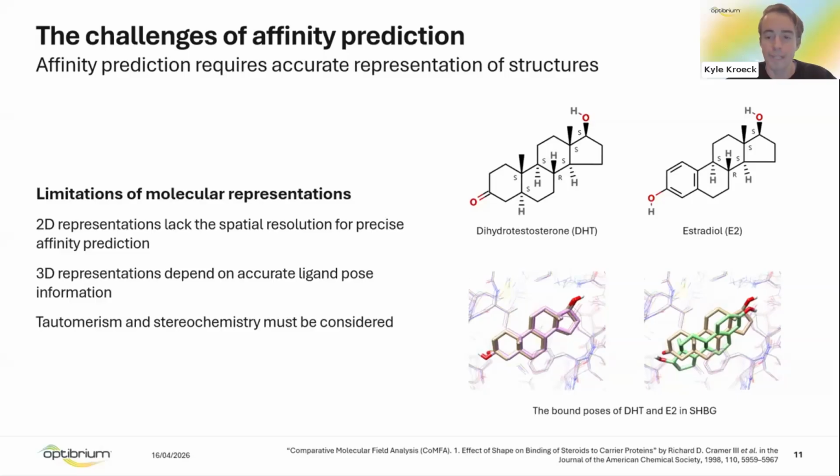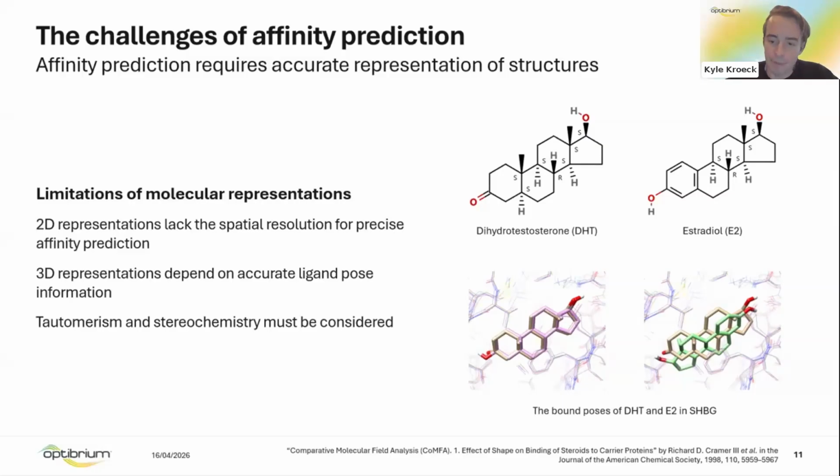To illustrate the limitation of common molecular representations, consider the classic challenge of predicting binding to carrier proteins like SHBG. If we use the 2D skeletal representations, molecules like dihydrotestosterone and estradiol appear very similar. They share the same steroid scaffold. However, 2D similarity is a poor choice for affinity prediction because it masks the 3D reality.